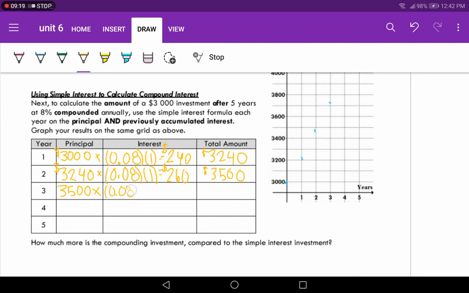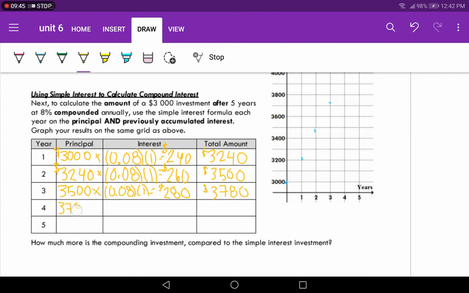Multiply it by 0.08, multiply that by 1. Okay, so now our interest after this year, and again I'm going to round up here, $280. So now my total is $3,780.